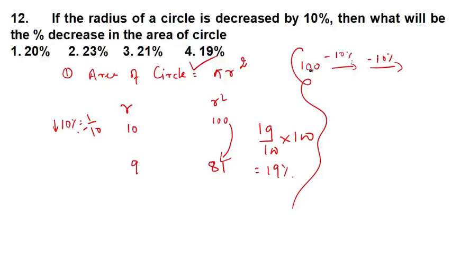If I decrease 10% on 100 means 90. If I decrease 10% on 90 means 81. Fine. Then you see what is the ultimate change. From 100 it got reduced by 19, so 19% it got reduced. Fine. I hope it is very clear to you.